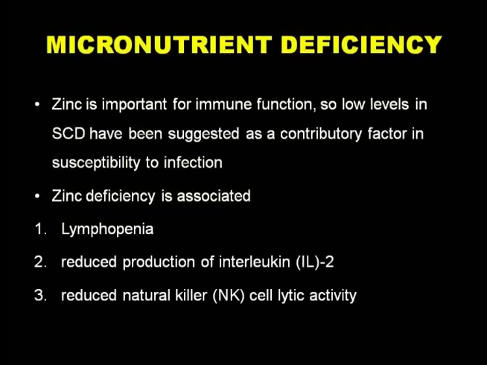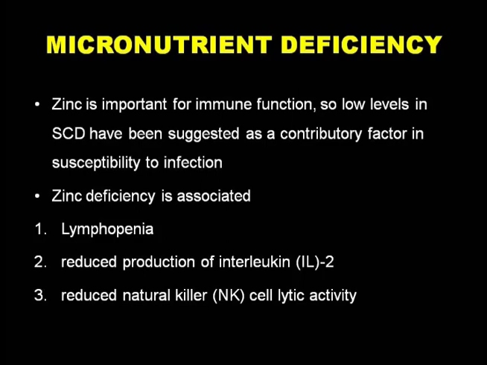Other things like micronutrient deficiencies: micronutrients like zinc have been found to be important in immune function. Low levels in children with sickle cell disease have been suggested to contribute to their susceptibility to infections.